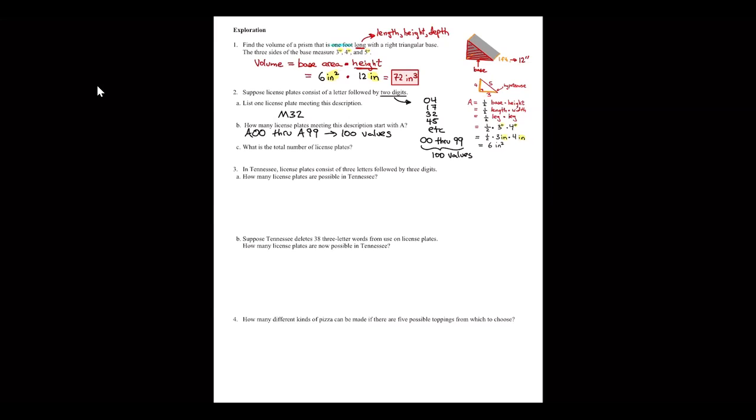All right. So from A to Z, 26 values, 00 to 99, 100 values, 26 times 100, 2,600 possible values.